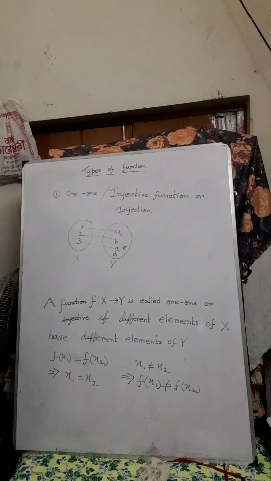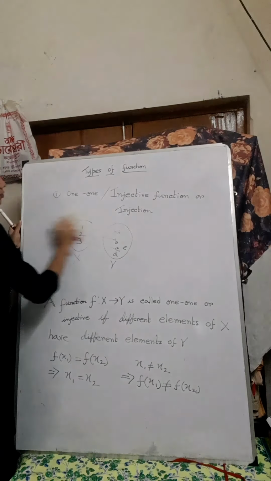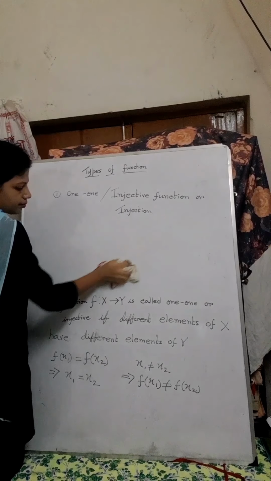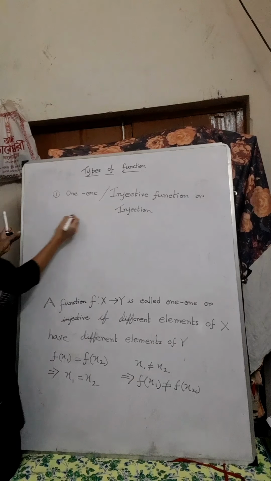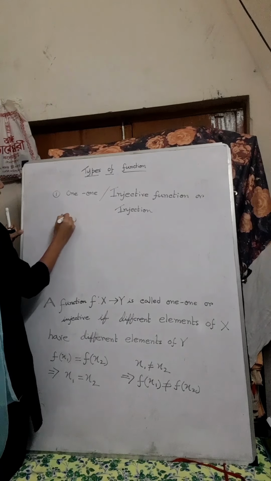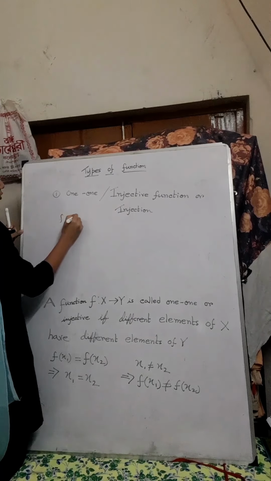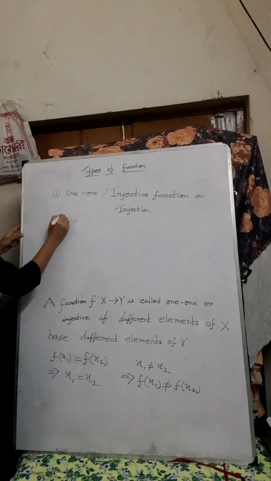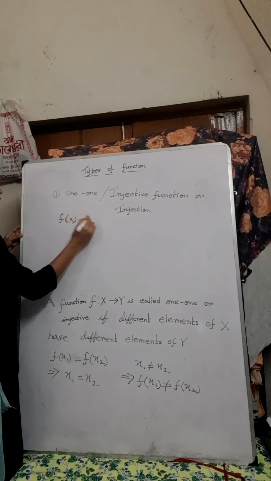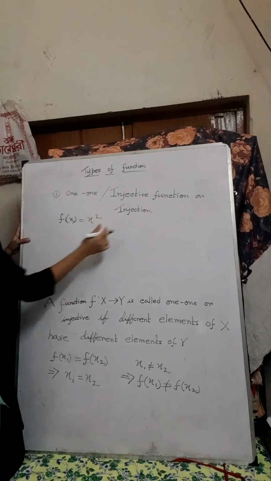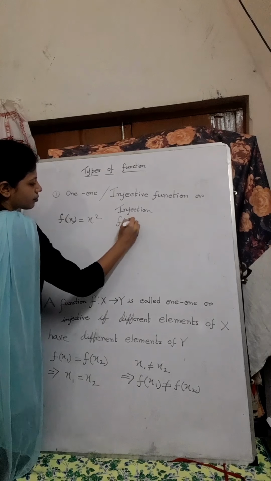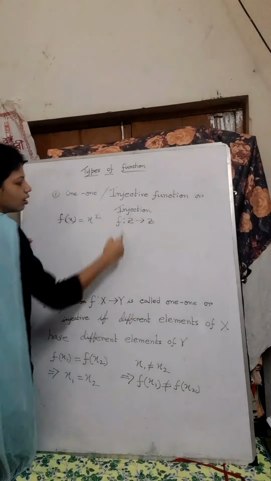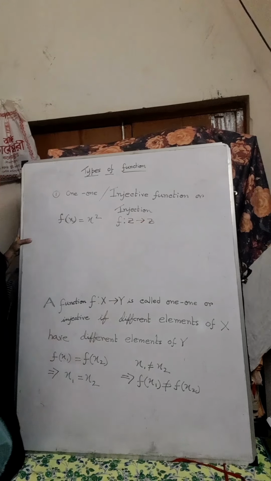I am giving one example here. Suppose the function is given f(x) equals x square. Now this one is f from Z to Z. So Z is the domain and Z is the codomain.